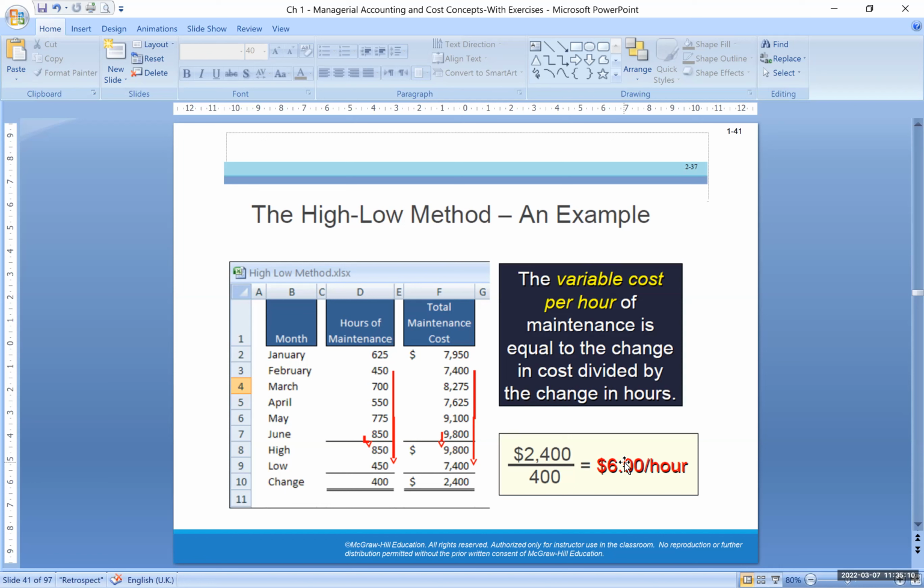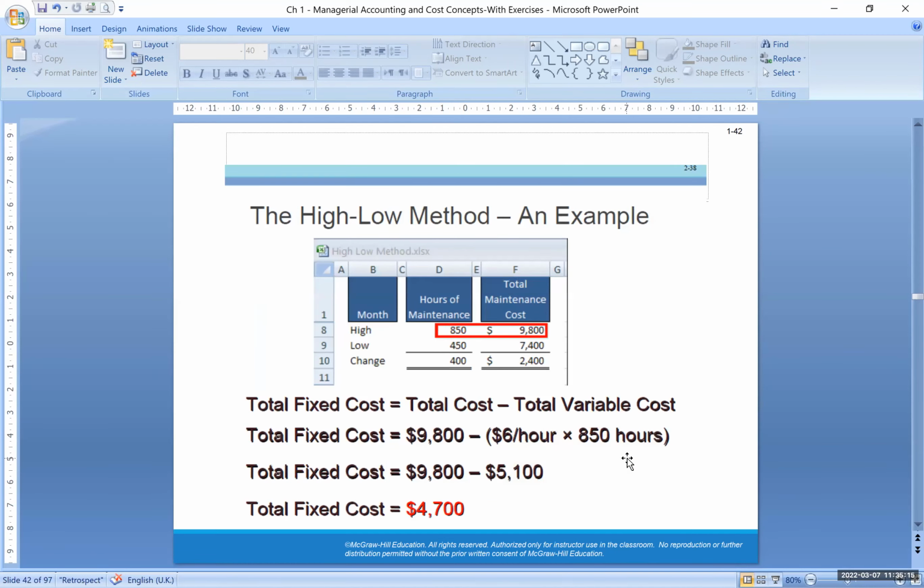Now, we will apply the equation for one of the levels, either the highest level or the lowest level, okay? If we apply the equation for the highest level, the highest level means we need the 9,800 and the 850 as an activity level.